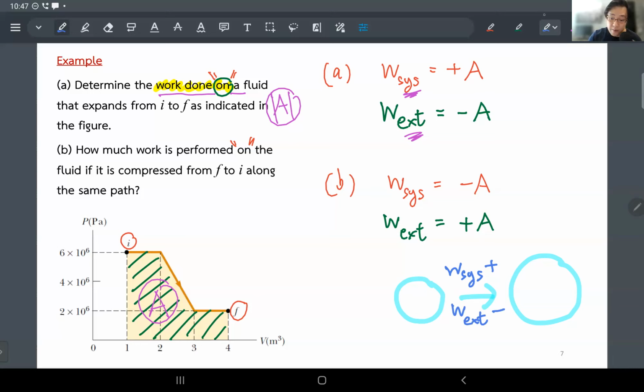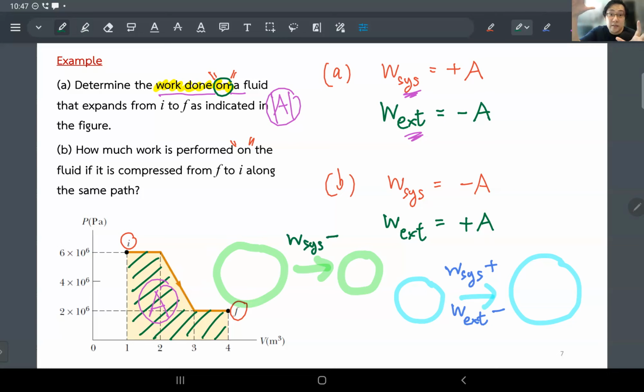But then you can have an opposite scenario. You can start from a big volume and then everything shrinks down here. In this case, the work done by the system will be negative because it's compressed down, and the work done by the external force will be positive.